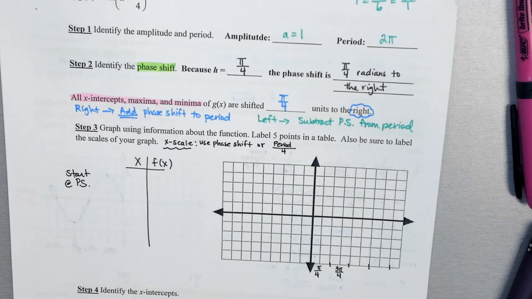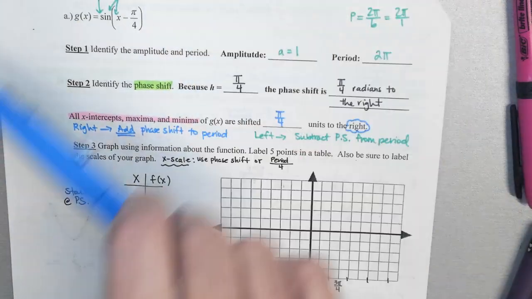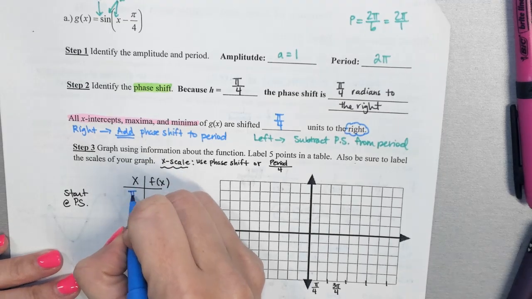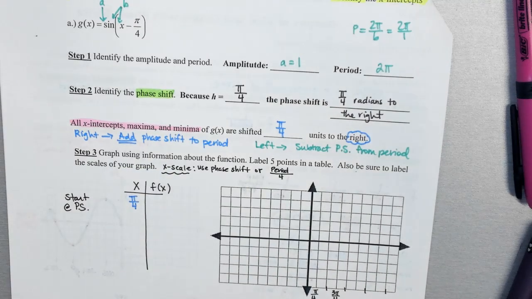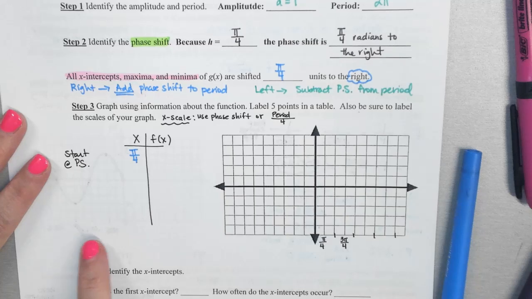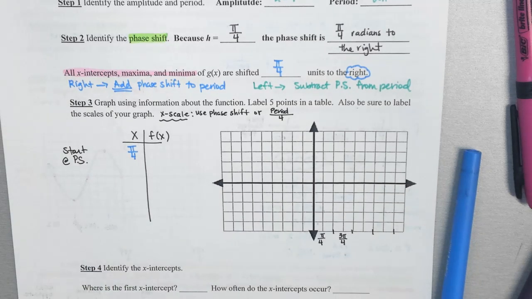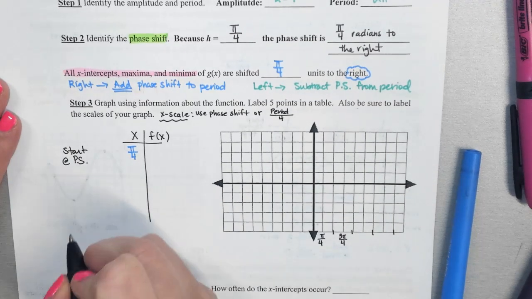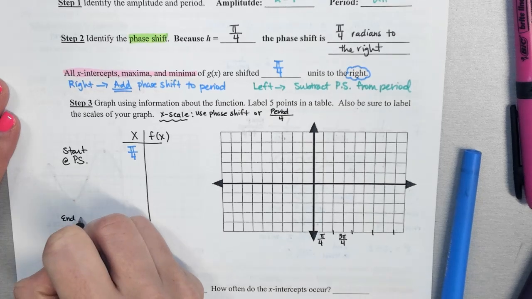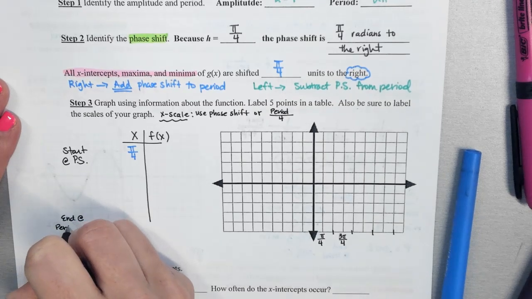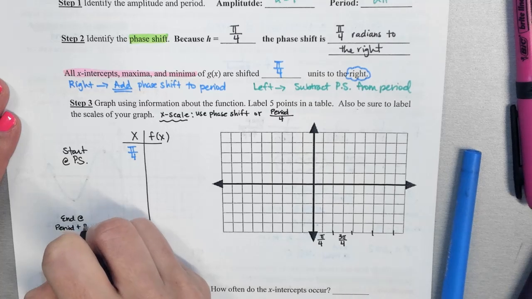Okay, so what's your phase shift? Where are we going to start? Yep, at pi over 4. Okay, so we're going to start there. And then at the end, we are going to end at the period plus the phase shift.